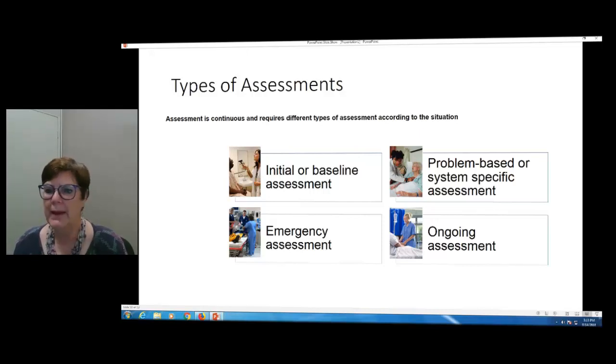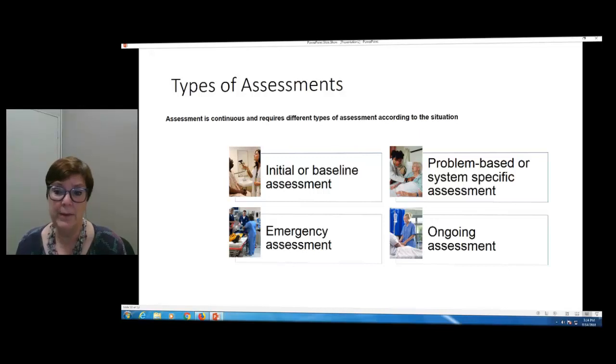Another problem-based or system-specific assessment might be, let's say the patient was admitted with pneumonia. Then you're going to be checking O2 sats and their lung sounds, and you're not going to just do it in the morning because things change.